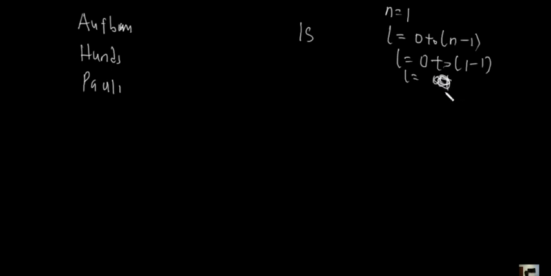Now, this 0 does not mean nothing. This 0 is simply an indication of the fact that you only have one subshell. And that subshell, which has the number L for 0, is the S subshell. So in energy level 1, you are just going to have the S subshell. We can also do this for energy level 2. So if we check for energy level 2, that's your n equals 2.